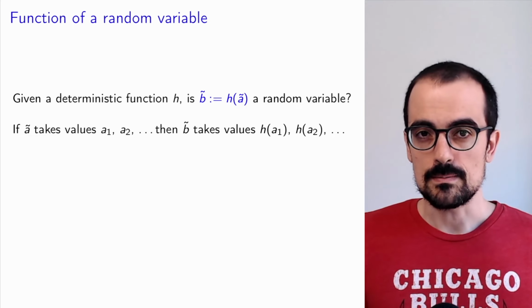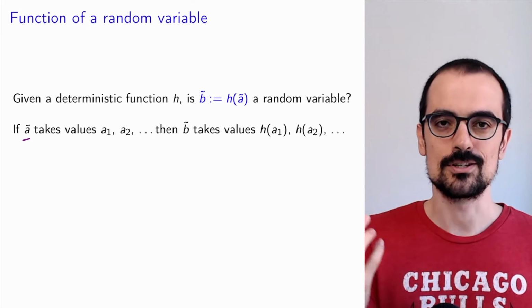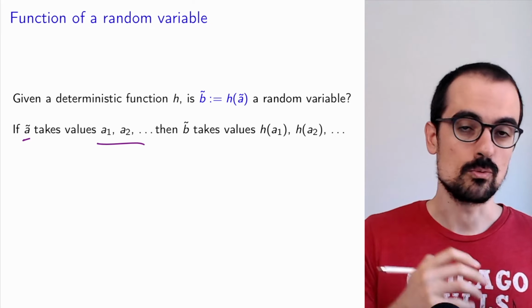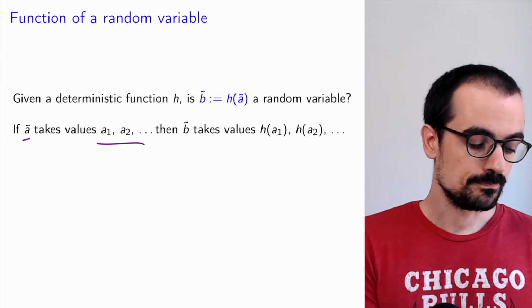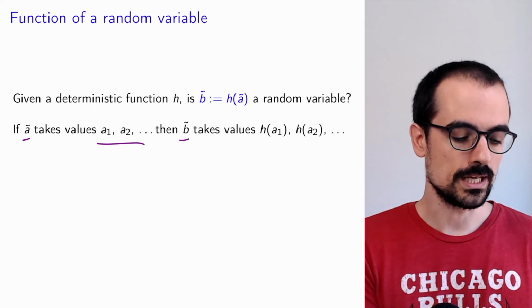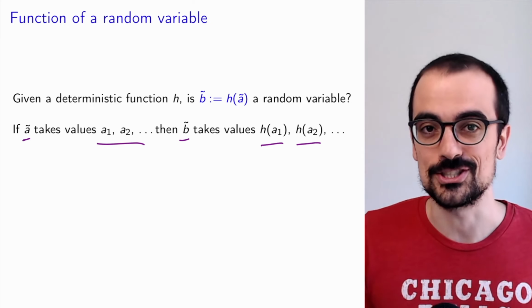Well, if you think about it, the random variable A takes several possible values, a1, a2, and so on, which means that when we pass it through the deterministic function, this new object is going to take values h(a1), h(a2), and so on, and it's also going to be uncertain.